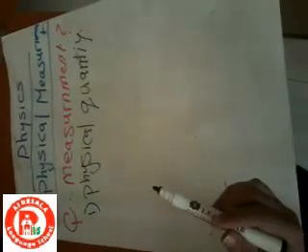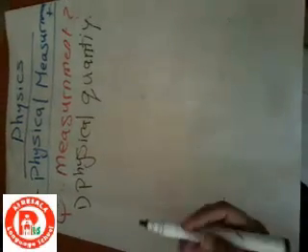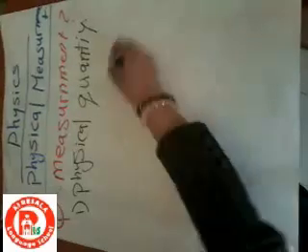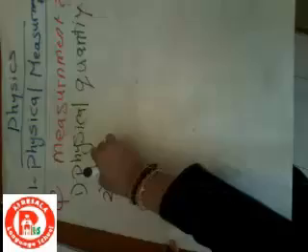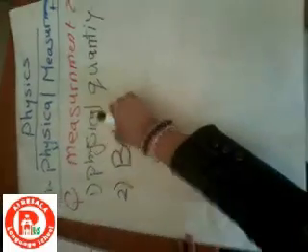Okay. For example, I will measure the mass of the orange. So I know that my physical quantity is the mass. Okay. What will be the suitable tool I use to measure this quantity of an orange? For example, I will use the measuring cylinder, or, for example, the balance.